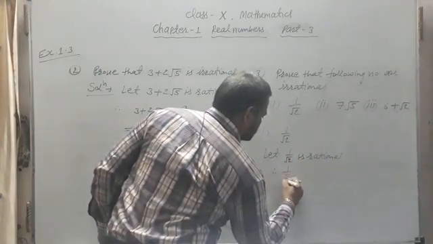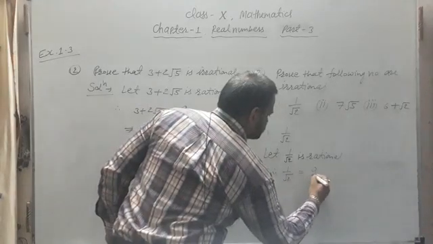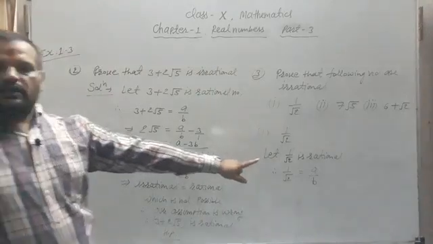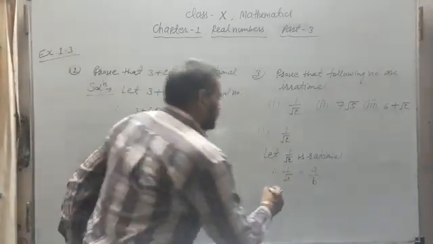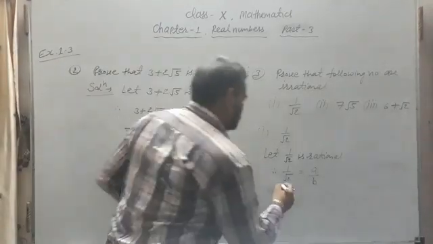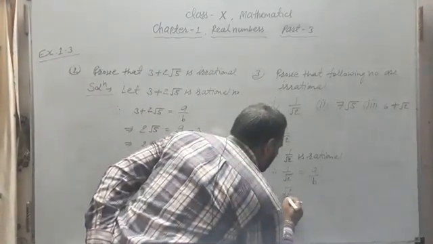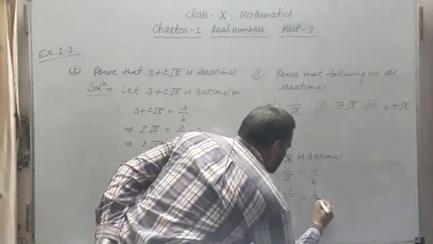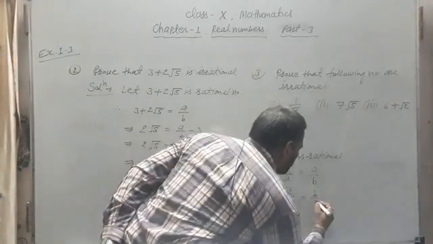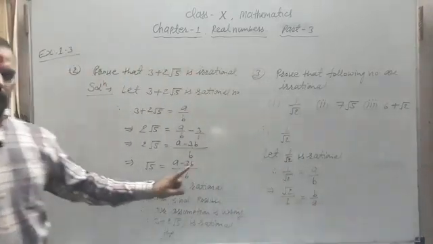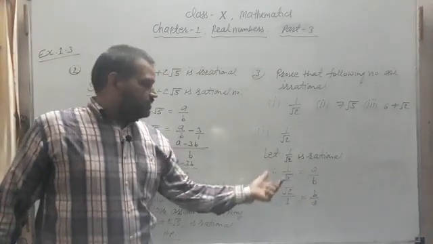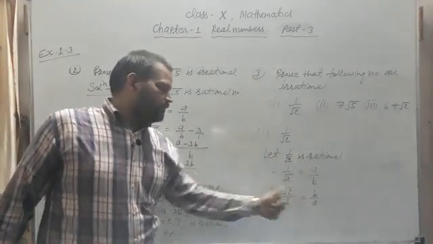Therefore 1 by root 2 equals a upon b. 1 by root 2 ko kya rakhenge? a upon b. Taking the reciprocal of both the sides, you can write root 2 upon 1 equals b upon a.